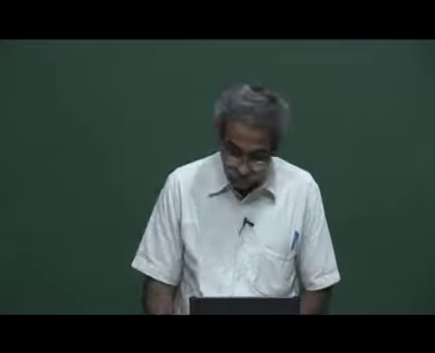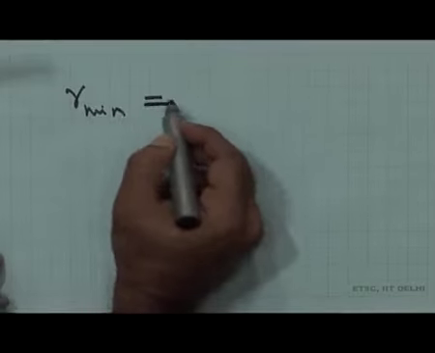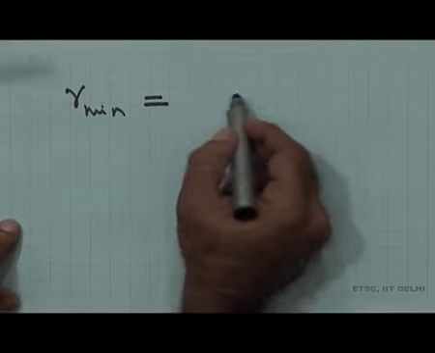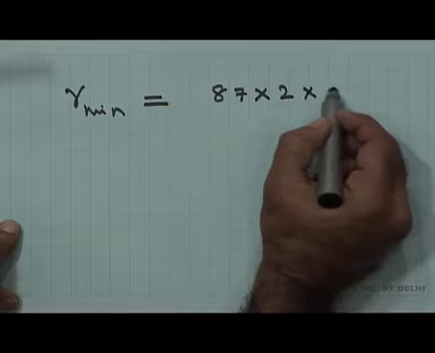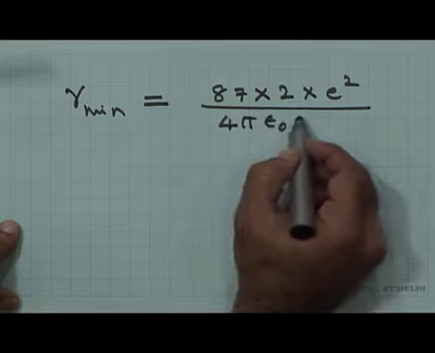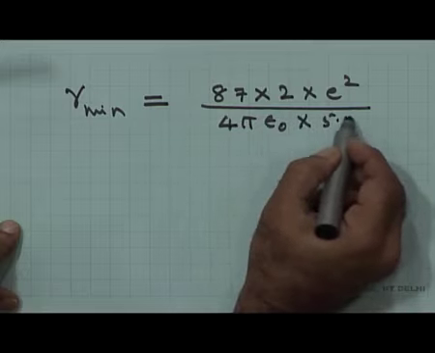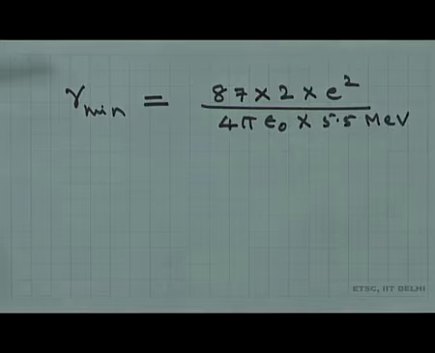So what we have is the minimum distance of approach is nothing but 87 into 2 into e squared over 4 pi epsilon naught into 5.5 MeV. That is what I have.